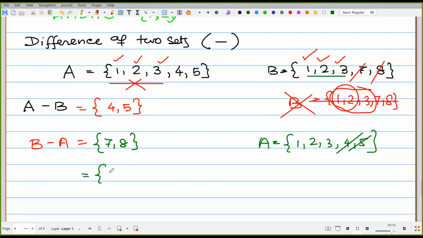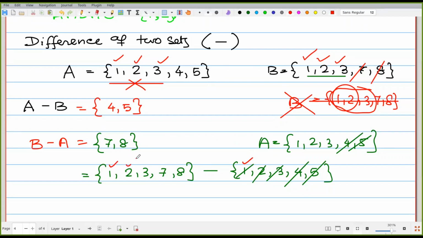That is like {1, 2, 3, 7, 8} minus {1, 2, 3, 4, 5}. Remove 4, 5, then check which are common: 1, 2, 3 are common, so also remove 1, 2, 3. Finally we get 7, 8. That is called the difference of two sets.